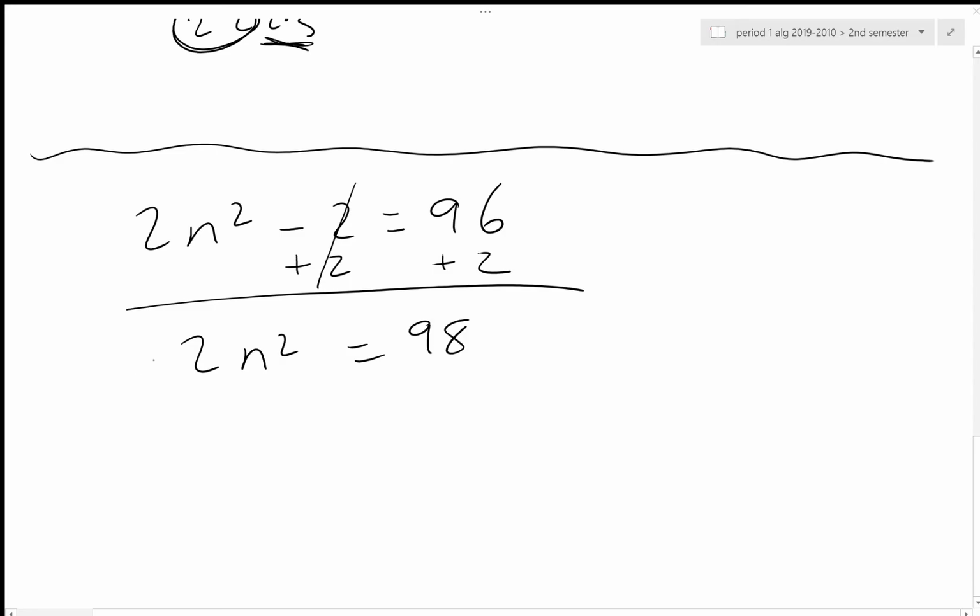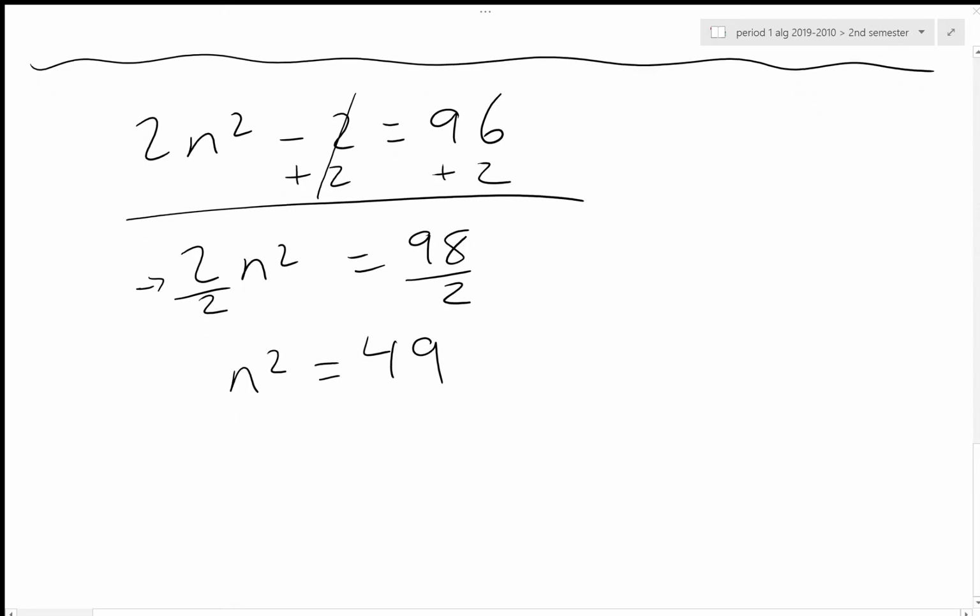Now I'm going to get rid of this 2 first. So, divide by 2, divide by 2. N squared equals 49. Now I can do the square root of both sides. And if you go back to the multiplication table, 49 is on there, and it is 7. So again, I'm just going to put plus or minus 7.